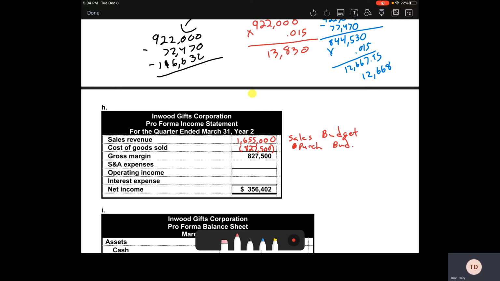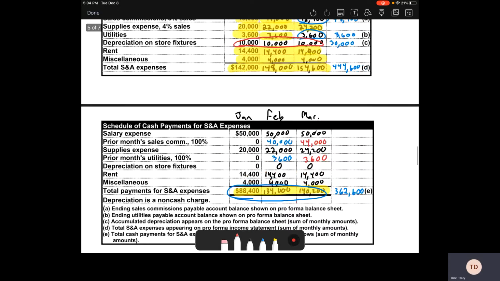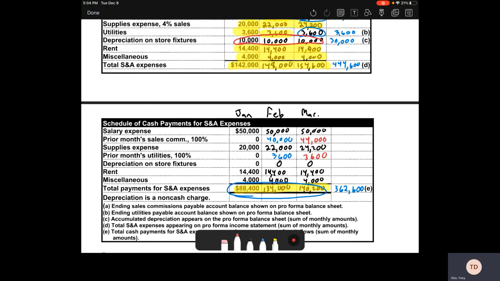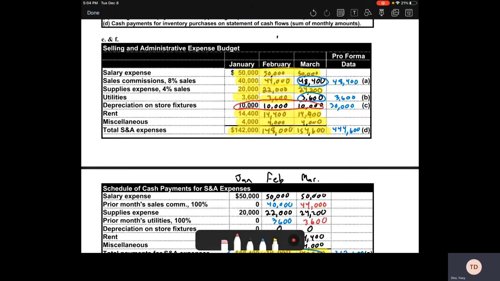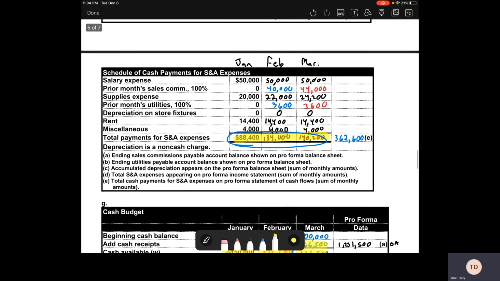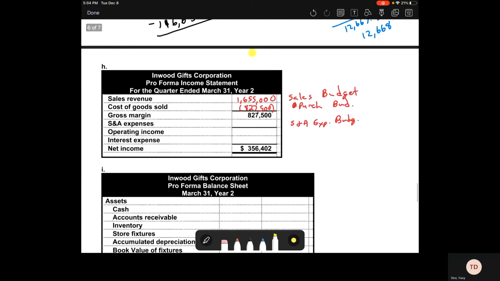We now need our selling and administrative expenses, which obviously is going to come from the selling and administrative expenses budget. Find that. Our total selling and administrative expenses, when we look at not the cash payments, but what we're actually budgeting for, that's 444,600.